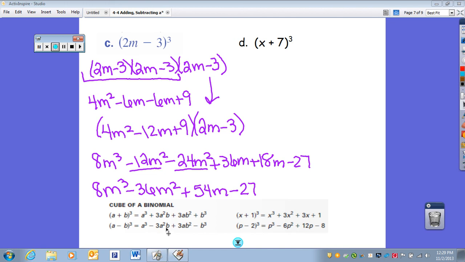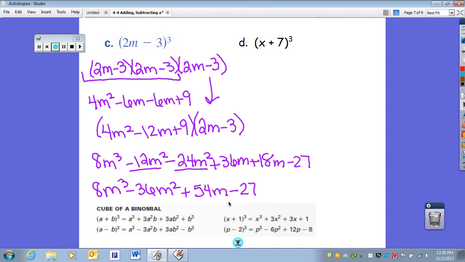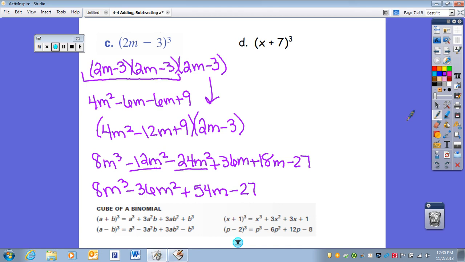And then multiply it by b, which would be 3. That would give you the negative 36m squared. And then you can take 3 times 2m would be 6m, times 9 would be 54m, and then subtract the b cubed, which would be 27. If you would like to take a look and use this pattern, you can as well. Or you can multiply all of it out if that is easier for you.